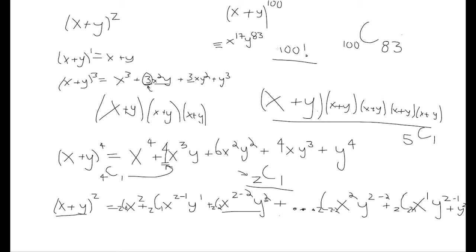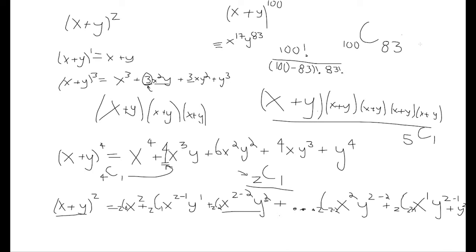Anyways, we take the number of elements in your initial group, then divide it by the number of elements in your initial group minus the number of elements you're taking out, factorial, and then also divide it by the number of elements you're taking out, factorial.